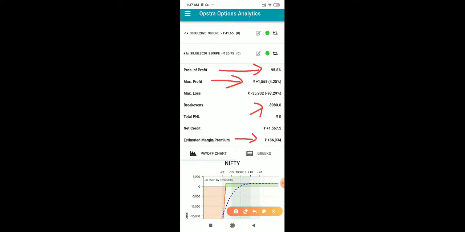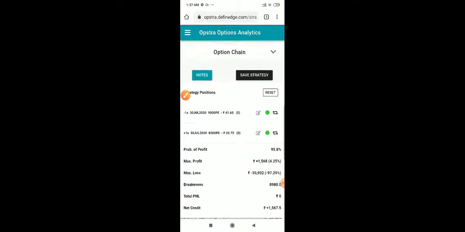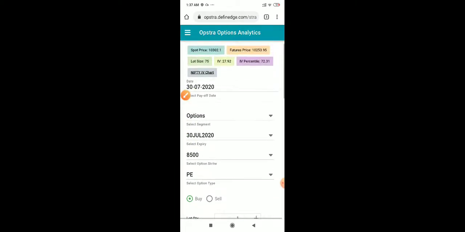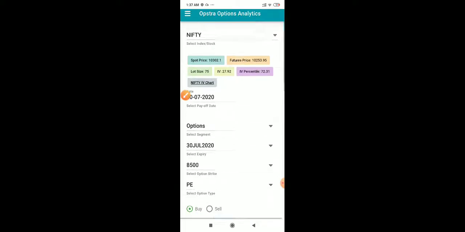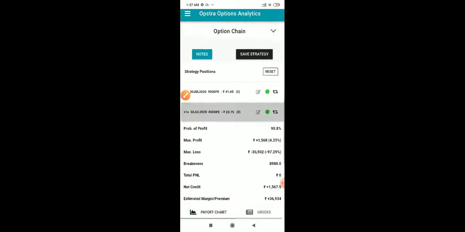That means present spot price is 10,300, almost like that, 10,300. So break even is 9,000, almost 1,300 points leeway space is present.